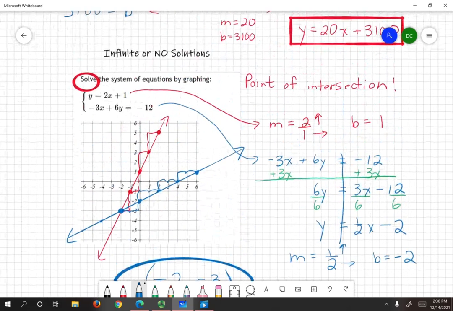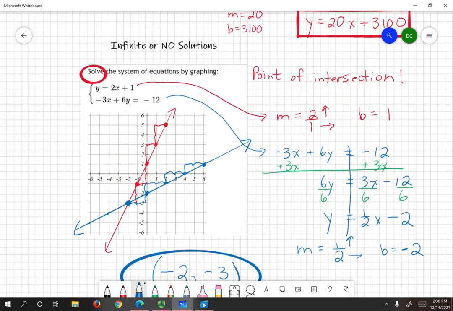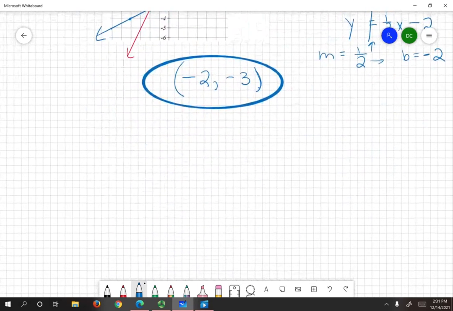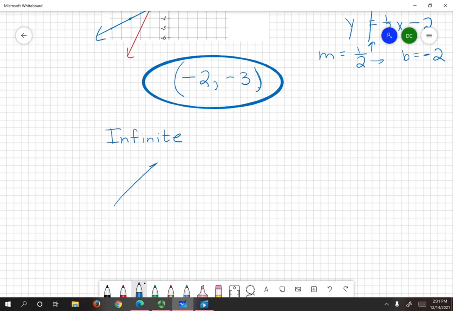Let's talk about what happens when you have infinite or no solutions. Infinite solutions would occur if I graph a line, let's suppose it looked like this, and then my other equation ended up graphing a line right on top of the given line.